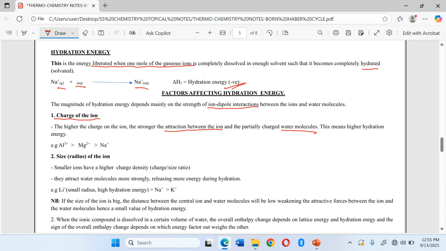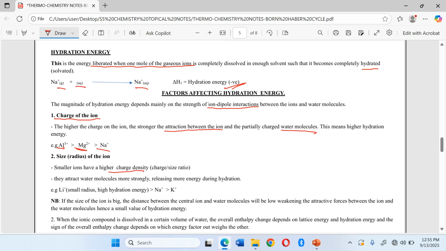So if we have aluminium ion, it has a higher hydration energy compared to magnesium, and magnesium higher than sodium.